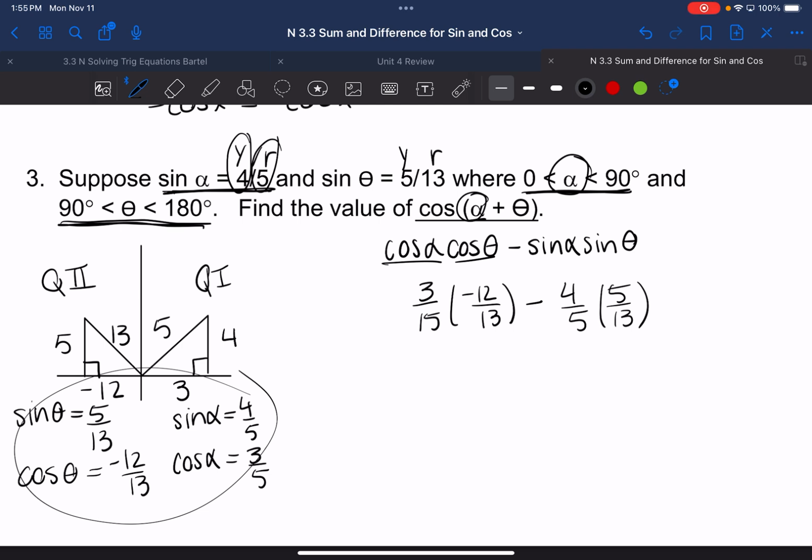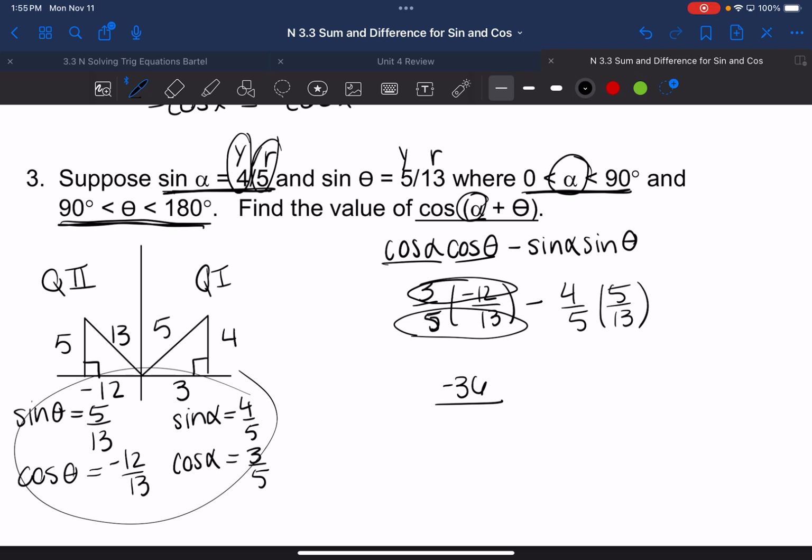I did too. Okay, so like you said, we multiply across the top. 3 times negative 12 would be negative 36. Over in the bottom, oh, sorry, I put a 15 there. I did not mean to do that. That's a 5.